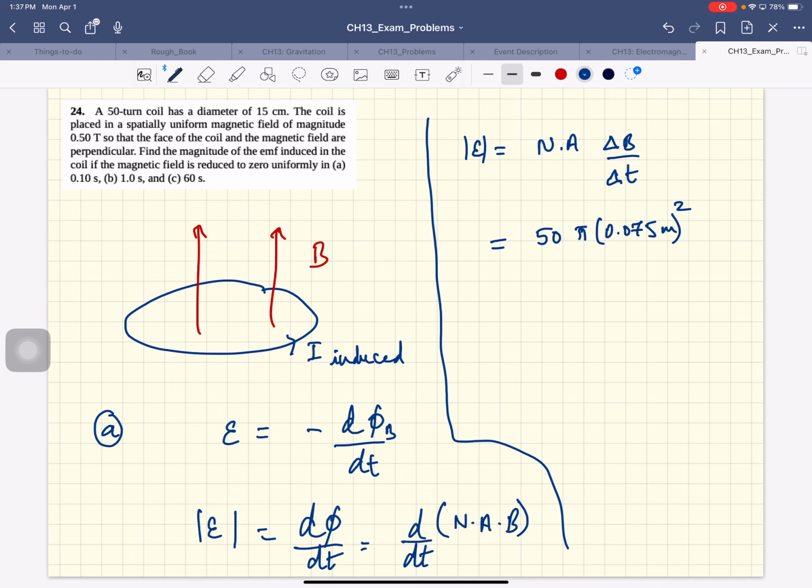And the change in magnetic field is 0 minus that, but we are taking the absolute change, so it changes by 0.5 Tesla in 0.1 second.